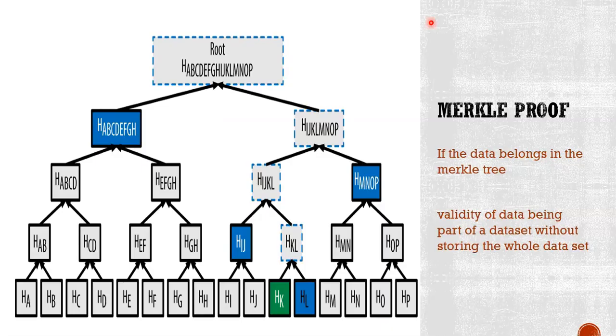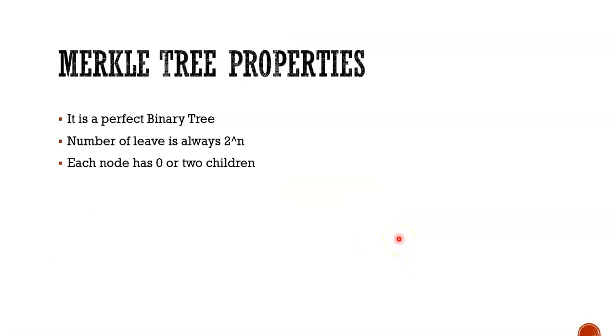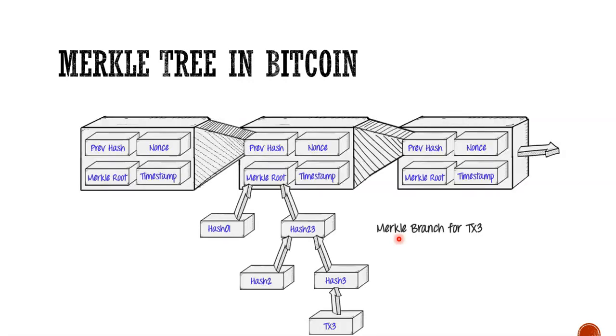So let us assume you don't have data here, that is, this HP is not present. What will happen is this HO will be copied here as well. So now this becomes HO. It is a perfect binary tree. So every node in that binary tree will have 0 or 2 children at the most, and all the leaf nodes will be at the same level.